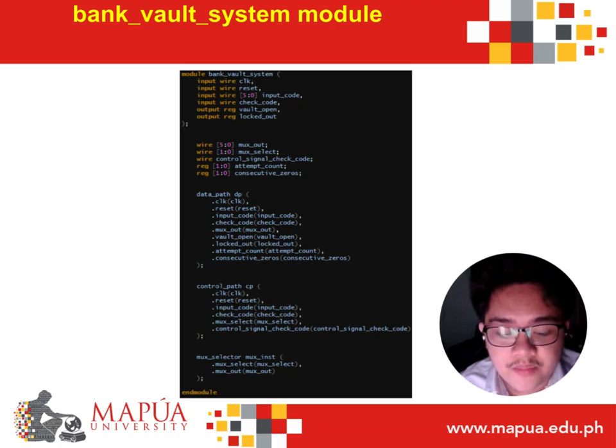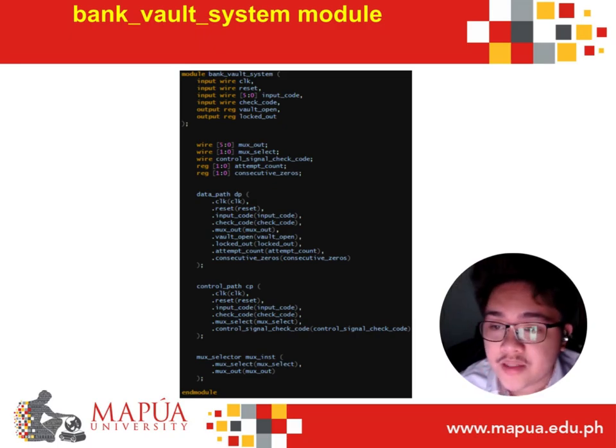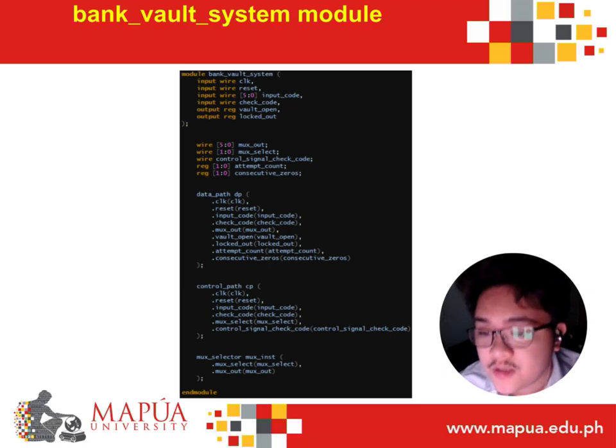The use of a multiplexer suggests that there are multiple pathways or conditions being managed within the system. And as you can see in the code, we have compiled in this one big module the previous modules, which are the data path module, the control path, and the MUX selector.